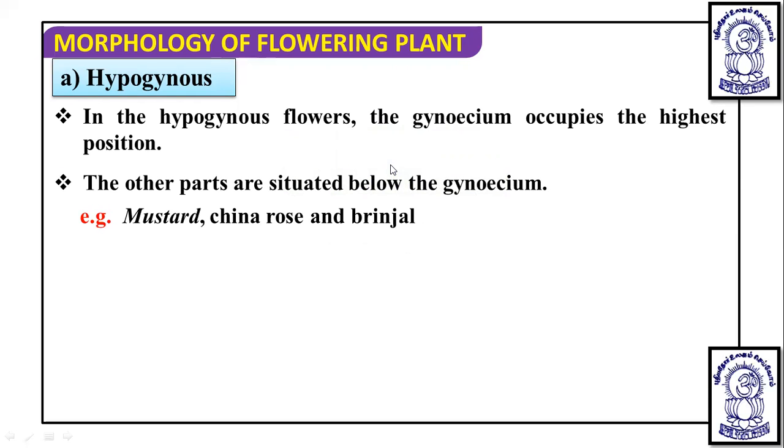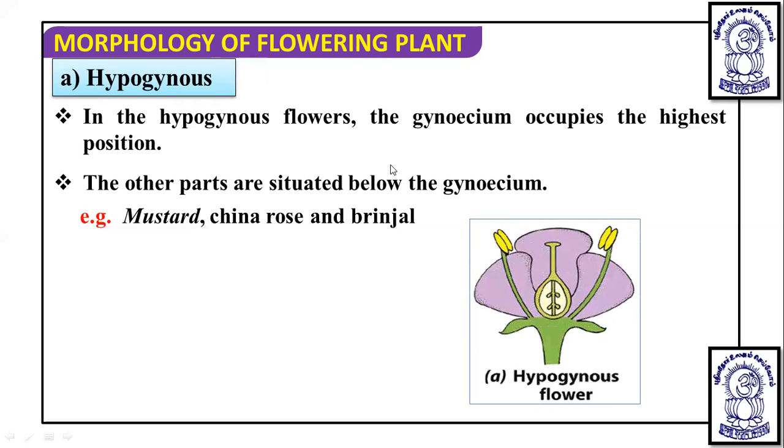This hypogynous flower is found in the case of mustard, China rose, and brinjal. Okay, and this is the diagram of a hypogynous flower. See, what does that mean? This is the ovary, and this is the stamen.